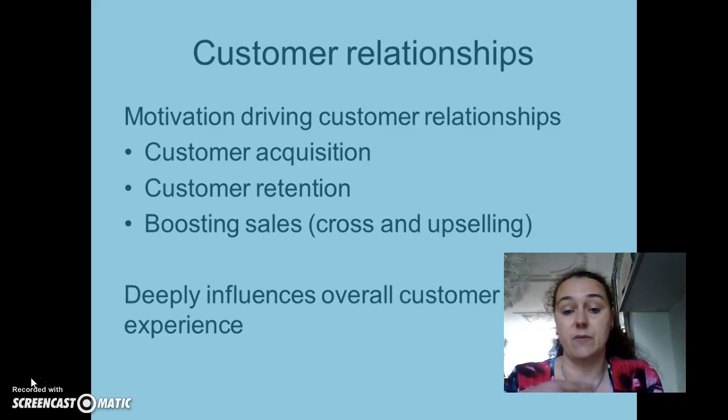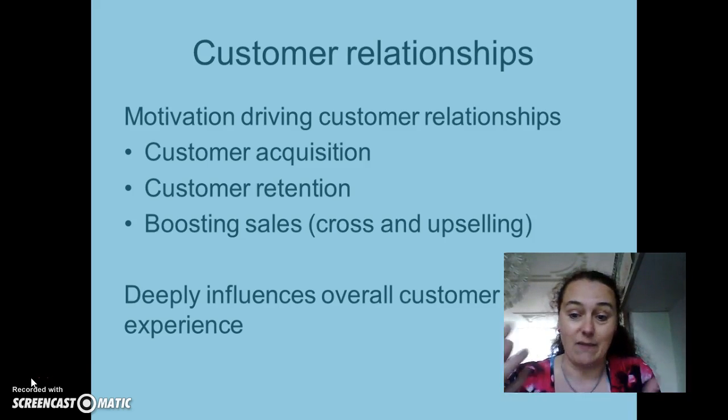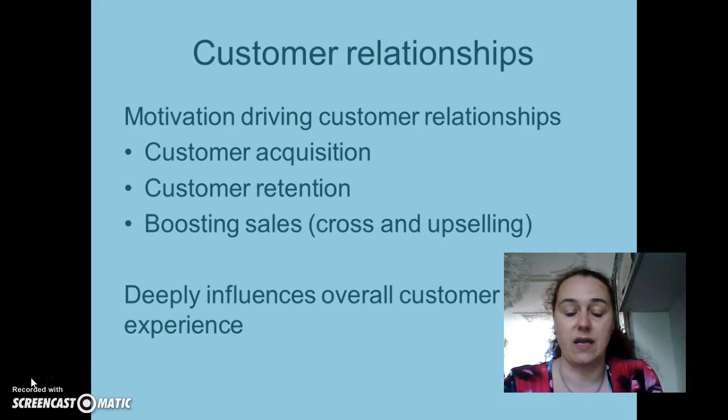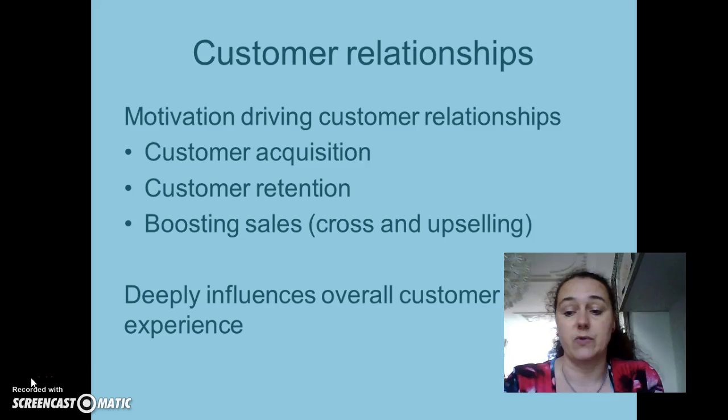If somebody is your customer, of course you want to get more money out of that relationship in a business sense. Cross-selling is selling related stuff, so for example accessories, and upselling is going through higher levels, so for example selling the follow-up or selling a more expensive model.